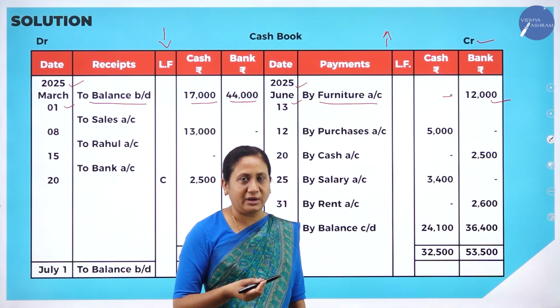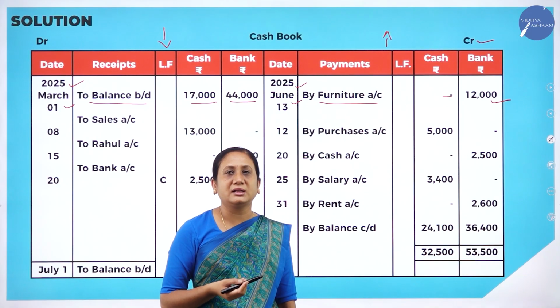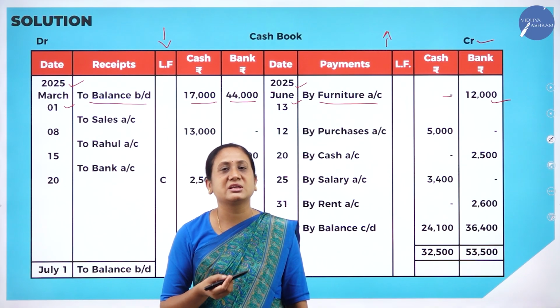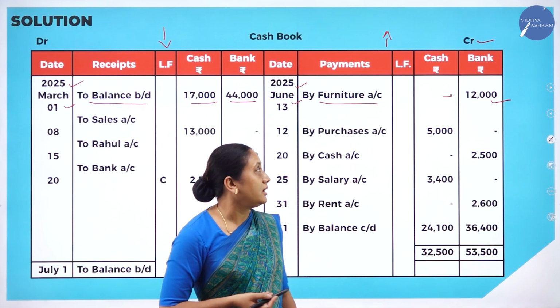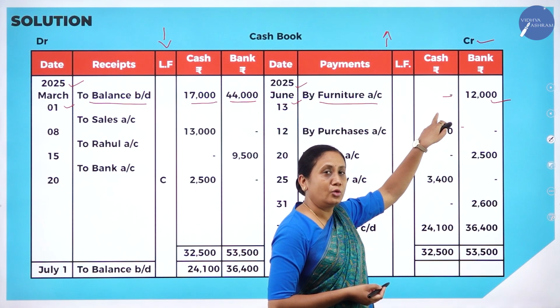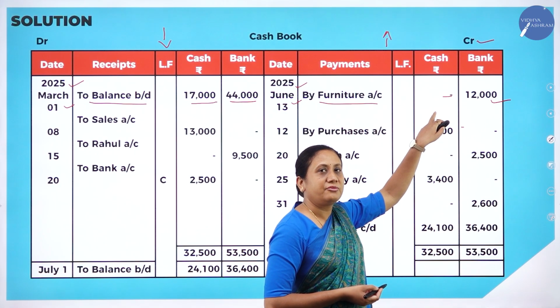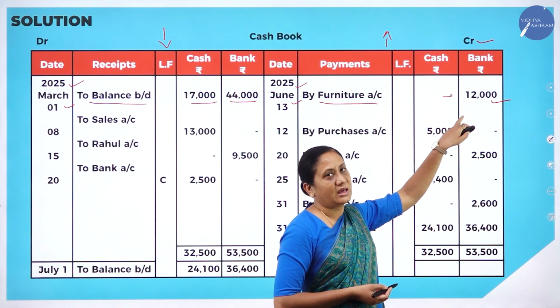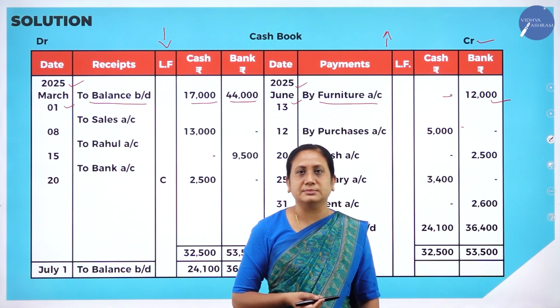Whenever we make payment through check, we have to enter the amount in the bank column. Suppose the same furniture was purchased by paying cash, then the amount would have been in the cash column. Now, to buy the furniture, we have made payment through check. That is why instead of the cash column, we are entering it in the bank column.